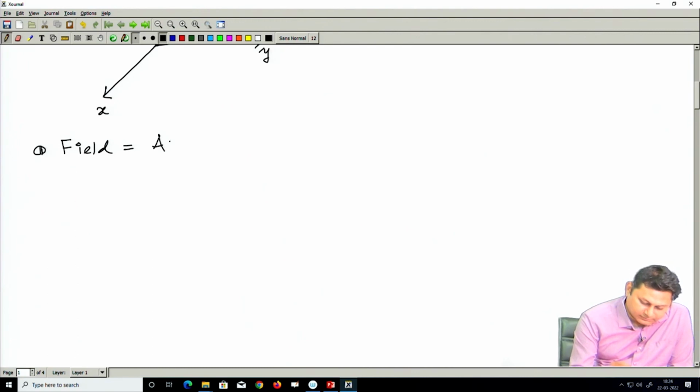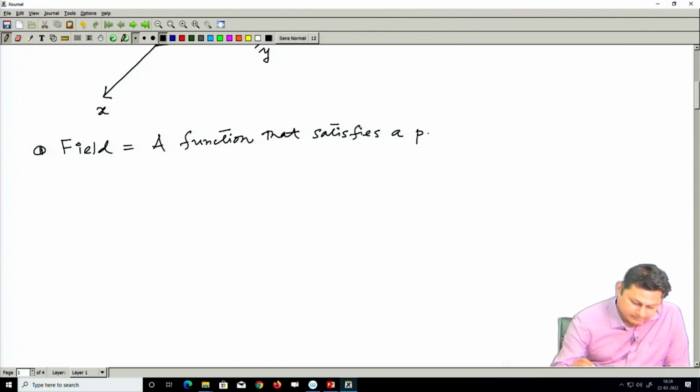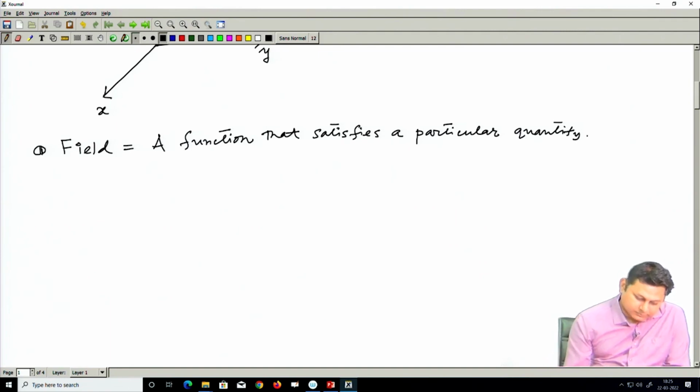A function that satisfies a particular quantity everywhere in a region.